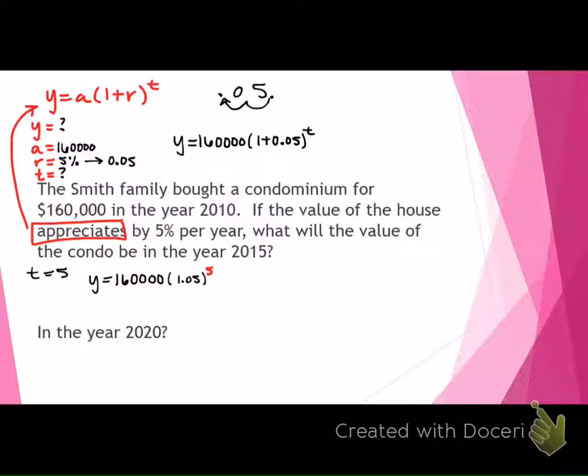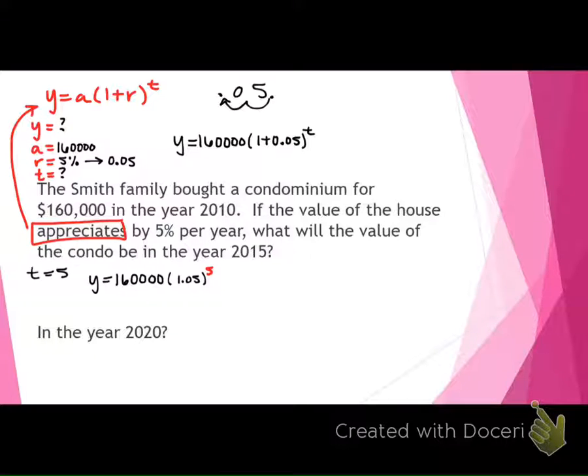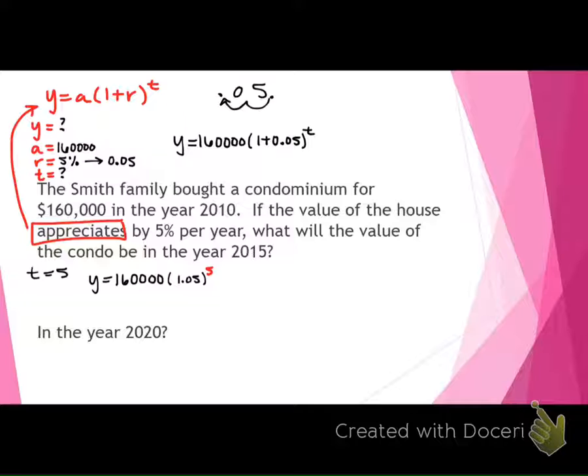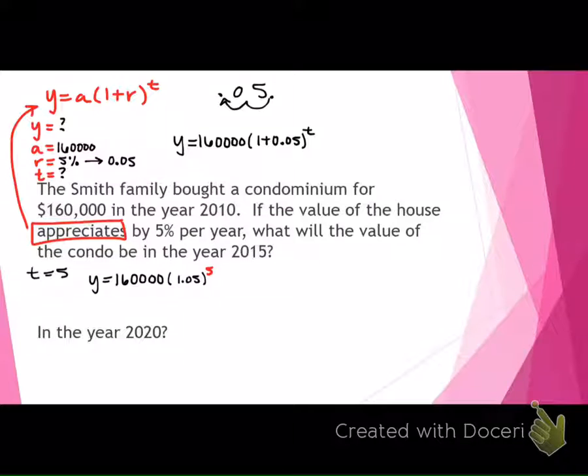You can literally say 160,000, parenthesis, 1.05, parenthesis, caret to the 5th power. Or you guys don't have a caret, so you're fine. That just raises it to the 5th power, and then multiply it by the outside.